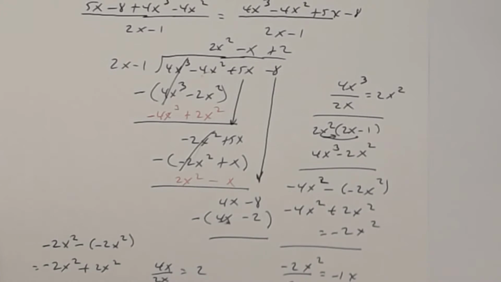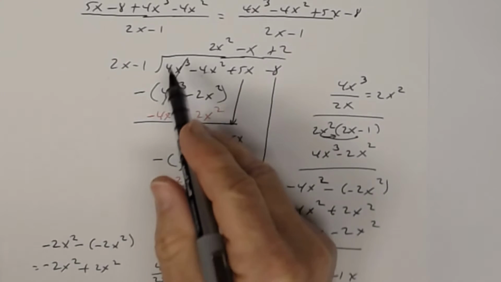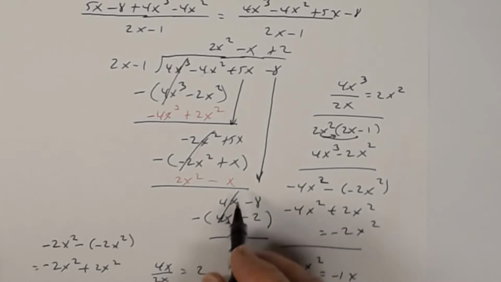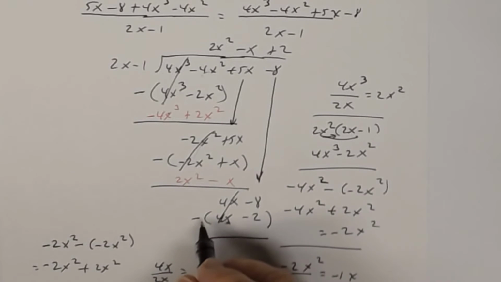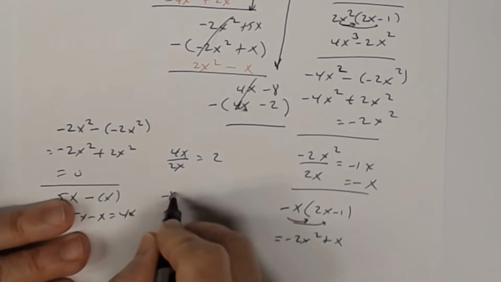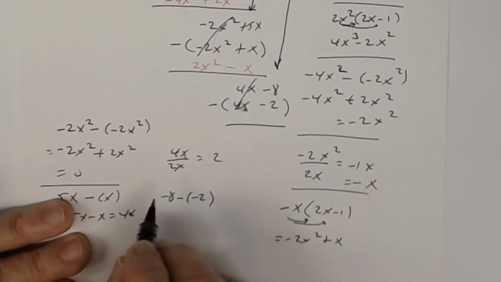And now be careful, just like we talked about, 4x minus 4x is 0. Remember, that adds up to 0, that adds up to 0, that adds up to 0. Now be careful here. Negative 8 subtract a negative 2. So don't say that's a negative 10. Remember what we're saying: negative 8 subtract a negative 2.